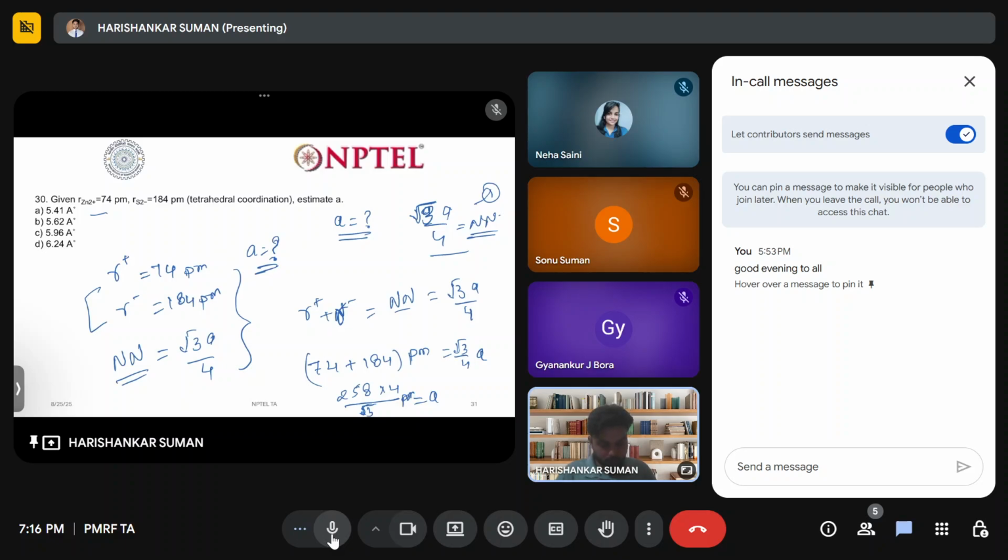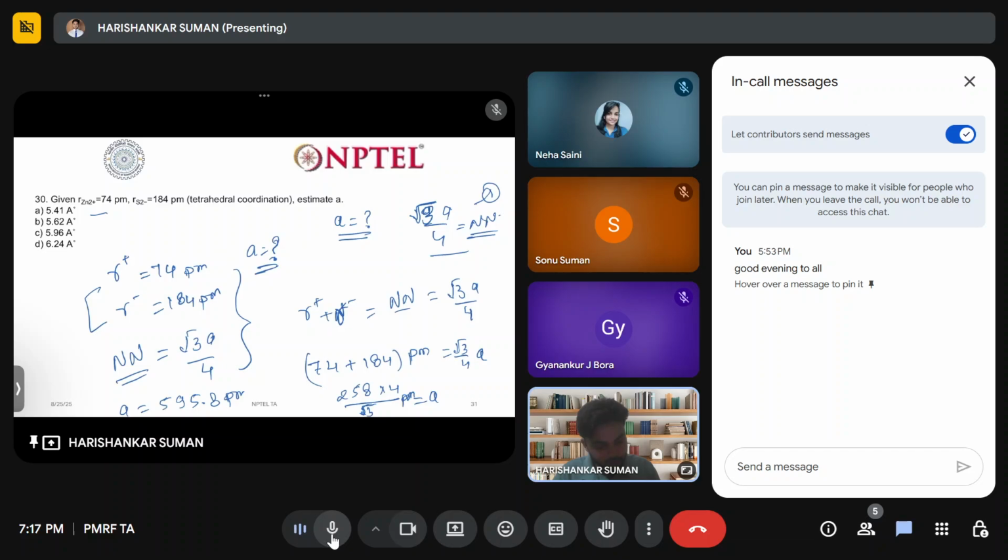So now check this, solve the root. In picometer, it will be 595.8 picometer.